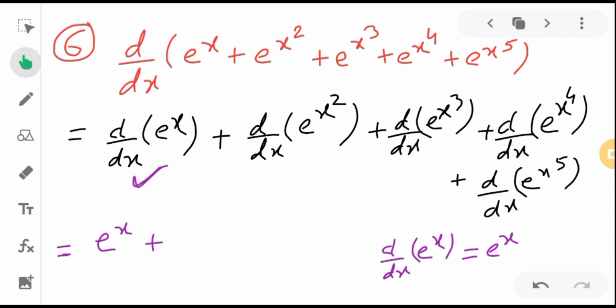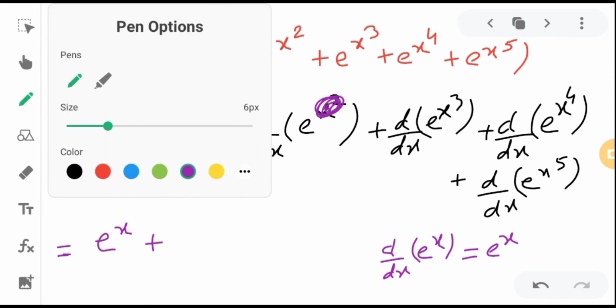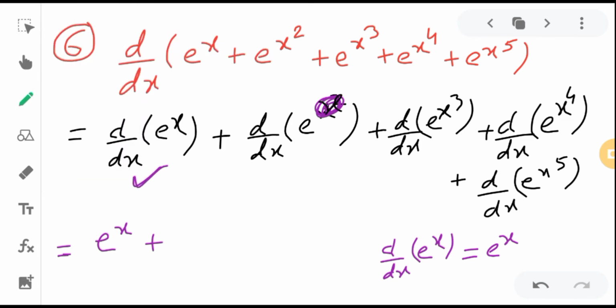In the next term, we have to find the derivative of e to the power x square. So we'll use the chain rule, which I explained earlier also. I will treat this x square as x. Then the derivative of e to the power x is e to the power x, but instead of x it is x square.